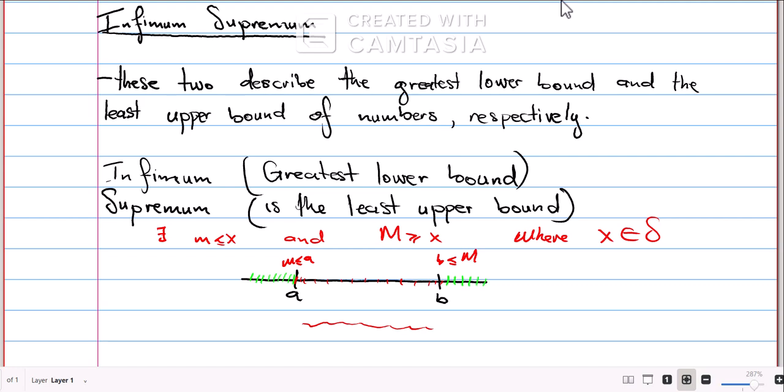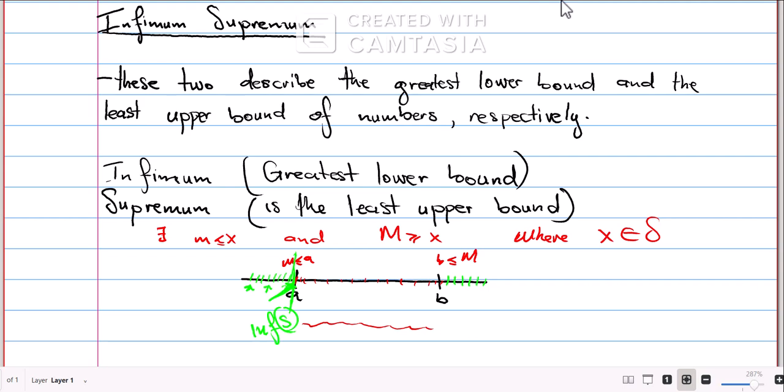So the infimum is the greatest. This is smaller than this one. This one is smaller than this one. So the greatest here is this part. This will be the infimum of S.